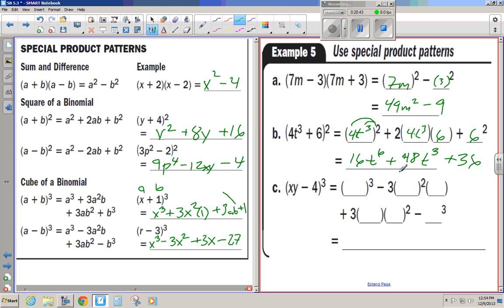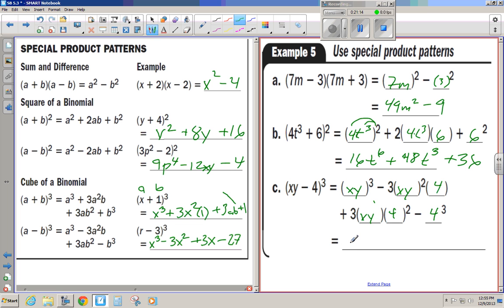All right, and now the cube of a binomial. So a, that's xy, minus xy squared, and 4. Let's see here. This becomes just xy again. This is 4, and that's 4 cubed.